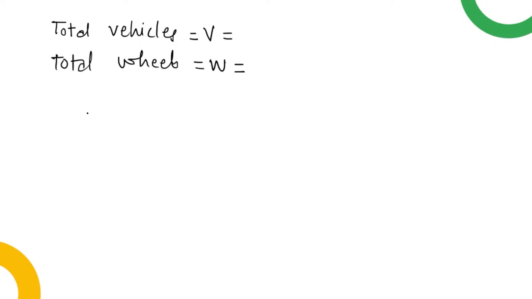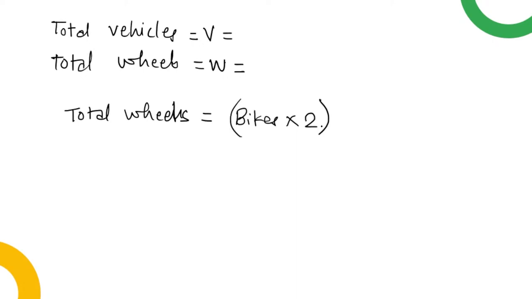Now, how many total wheels will there be? Total wheels will be the number of bike wheels, that means number of bikes multiplied by 2, plus the car has 4 wheels, therefore cars multiplied by 4.